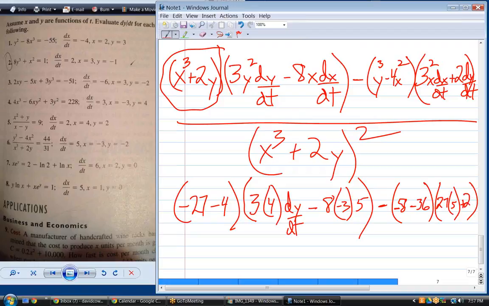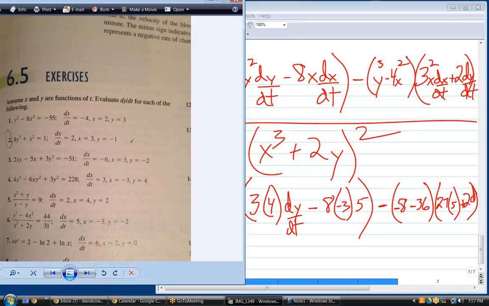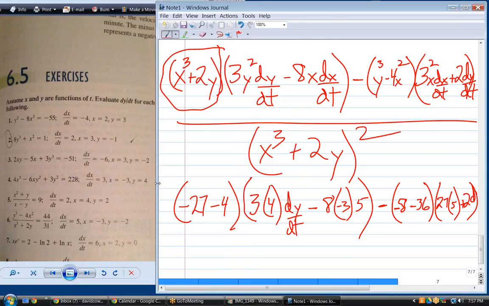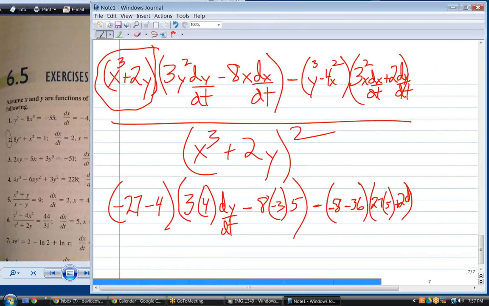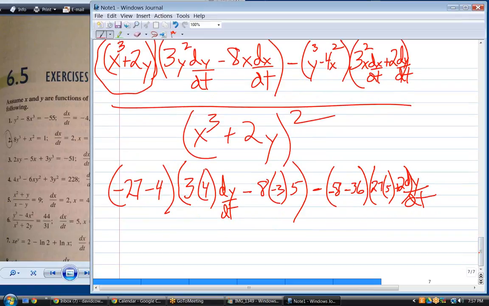Plus 2 dy dt. Okay, so what's the next thing? Okay, and then solve them all so that it gets down.